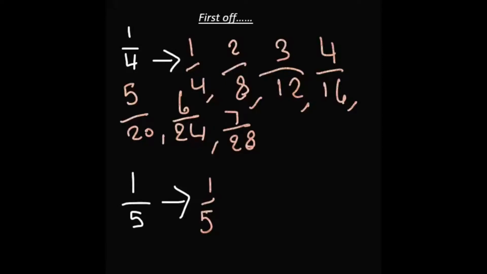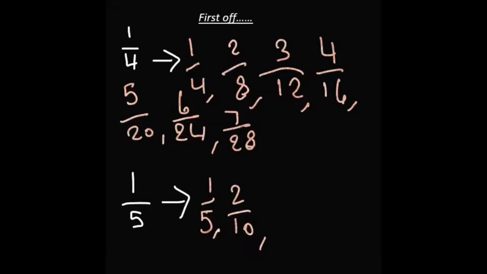Okay, so now that we have done that, let's move on to the next number. Here we have 1/5. Let's multiply it by 2 first. So 5 times 2 is 10, and then 2 times 1 is 2. Let's do the next multiple.